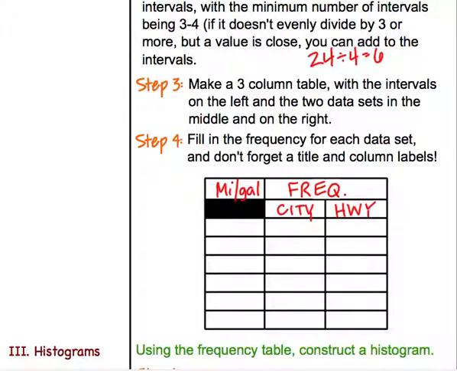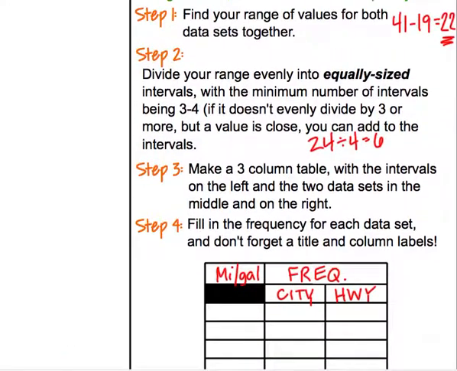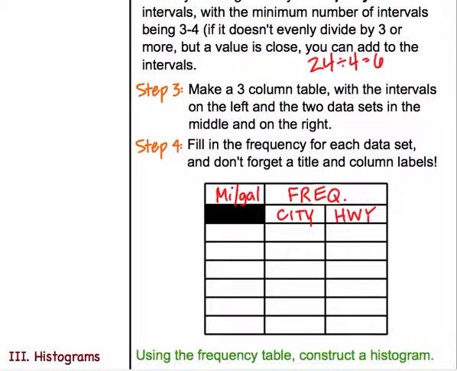So now, if I look here, I want to go as low as 19. Because we have added 2, I'm going to go 18. I want intervals of size 6, so I count 18, 19, 20, 21, 22, 23.